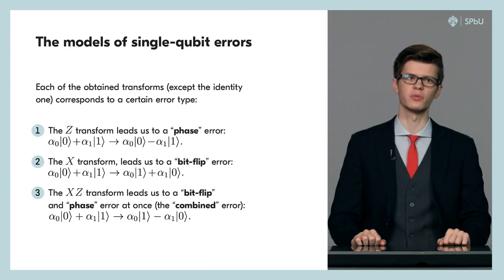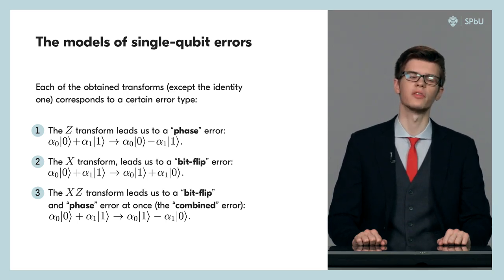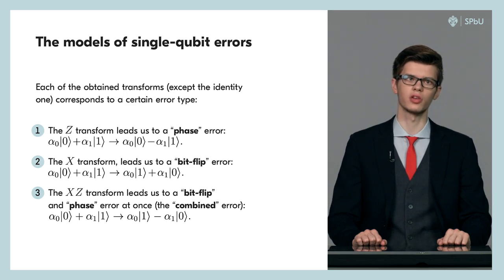So, the interaction between the qubit and the channel can be represented by a sum of 4 discrete transformations, as you can see on the slide. Each of these transformations, except the identity one presented by the first term, corresponds to a certain type of error that may occur during the qubit-channel interaction. So, the second term describes a phase error, which is the action of the Z logical element on the qubit state. It leads to the sign inversion as on the slide.